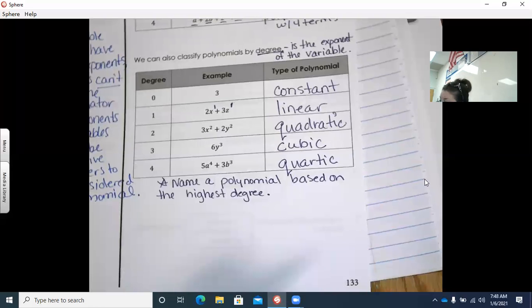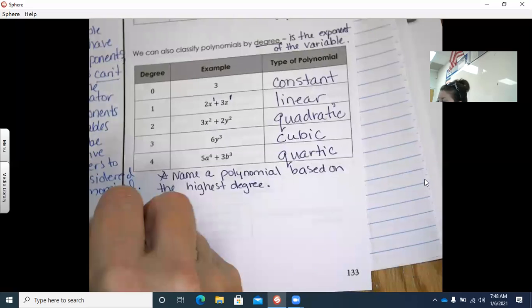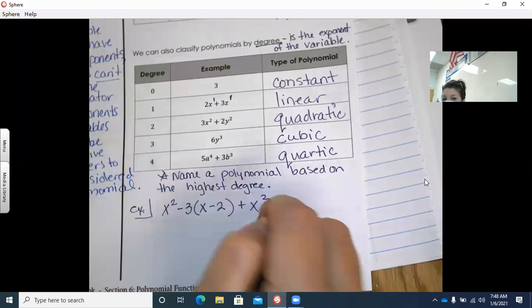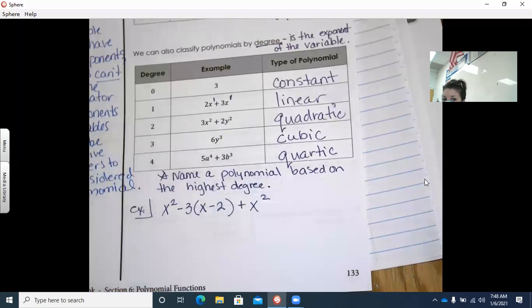So let's say I had x squared minus 3, open parentheses, x minus 2, close parentheses, plus x squared. And I want you to name it based on degrees and number of terms.